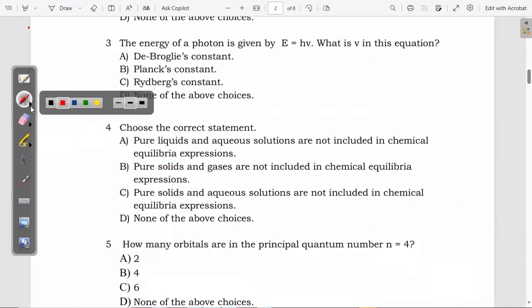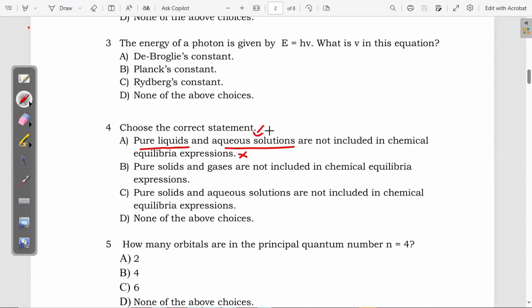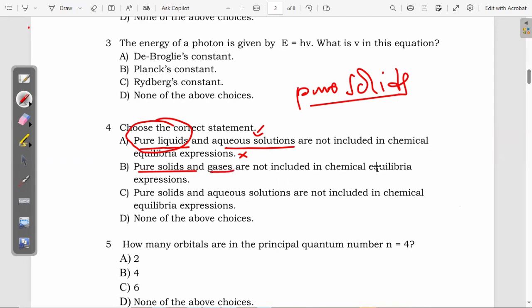On question 4, they're saying choose the correct statement. A says pure liquids and aqueous solutions are not included in chemical equilibrium expressions. This is false because aqueous solutions are included; pure liquids or pure solids are the ones not included. B says pure solids and pure gases are not included.